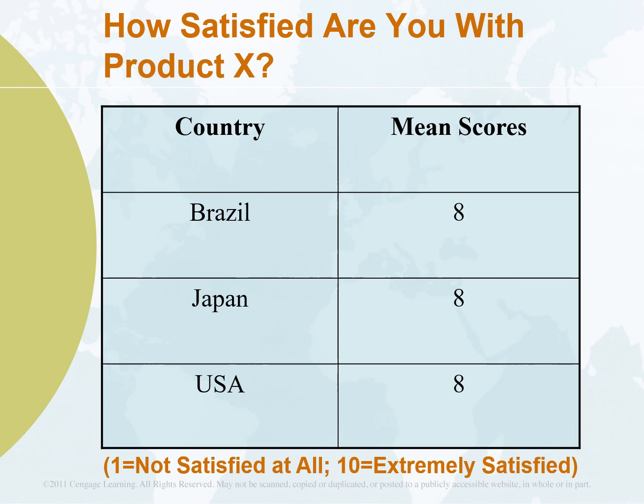But it's not that easy for the Japanese. They're more reserved, restrained. So for a Japanese to answer an 8 is probably equivalent to an American answering a 9 or 10. So you need to interpret the scores in different cultures with vigilance. Be careful.